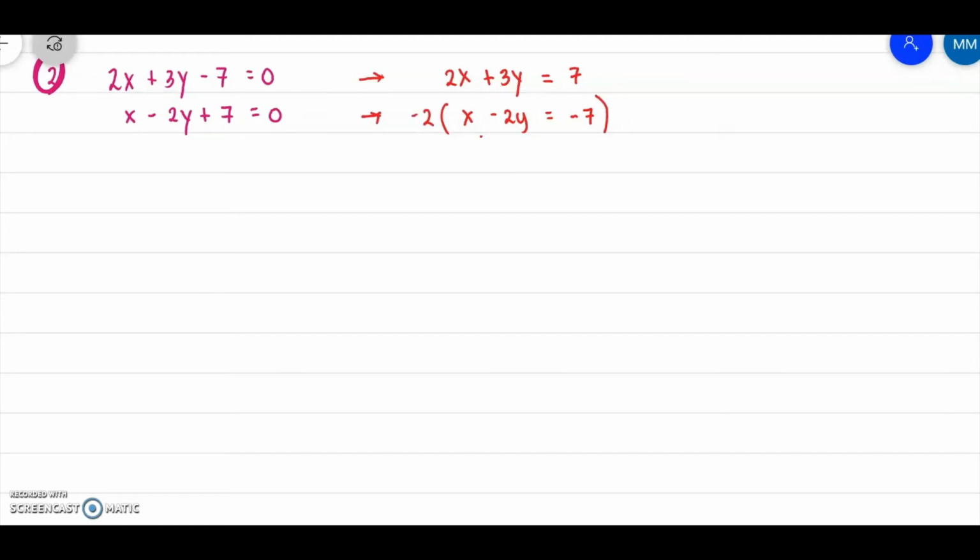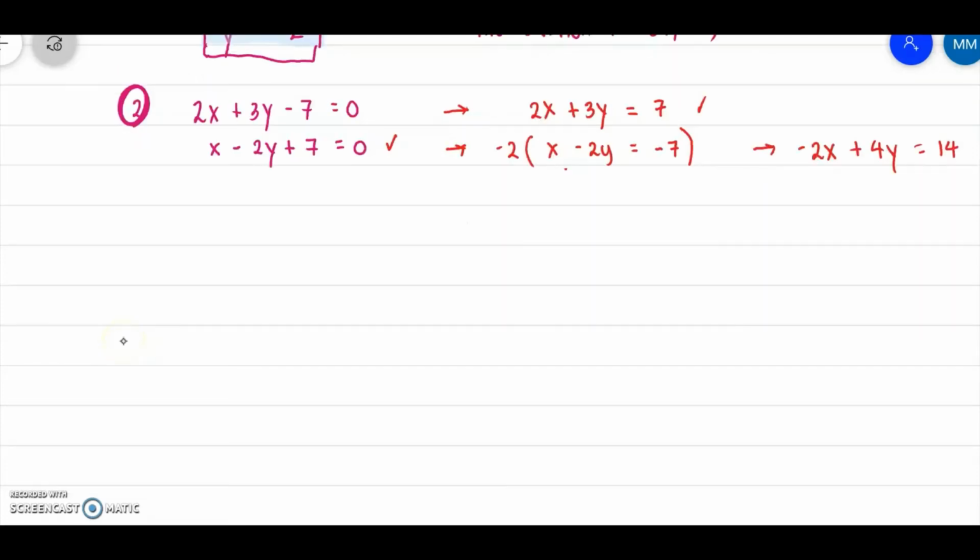So our second equation now will be negative 2x, following the distributive property of multiplication, plus negative 2 times negative 2y is plus 4y equals positive 14.